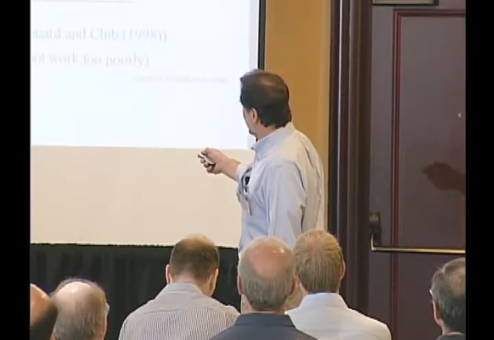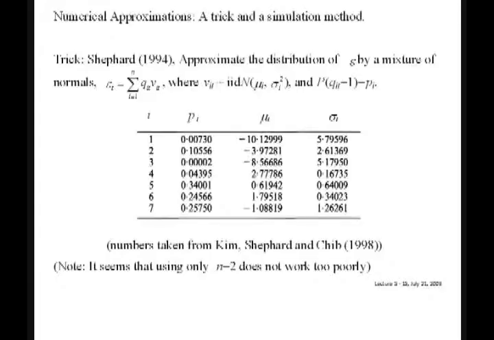So I could write epsilon t as draws from these normals times an indicator, where this indicator tells me which of these I'm drawing from. And the probability that q_it is equal to 1 is given by these pi's. So by drawing this mixture, I can approximate this log chi-square distribution.